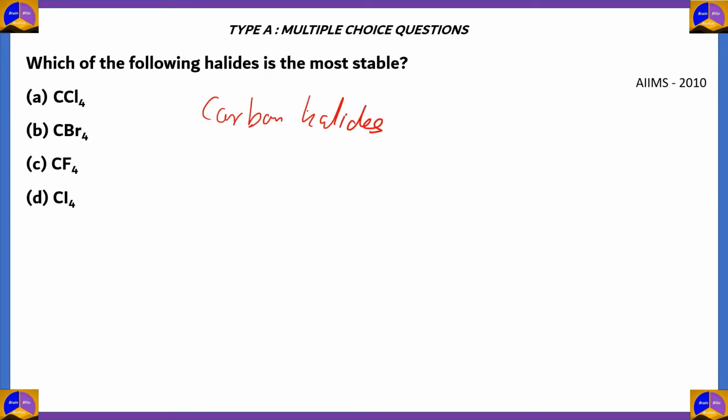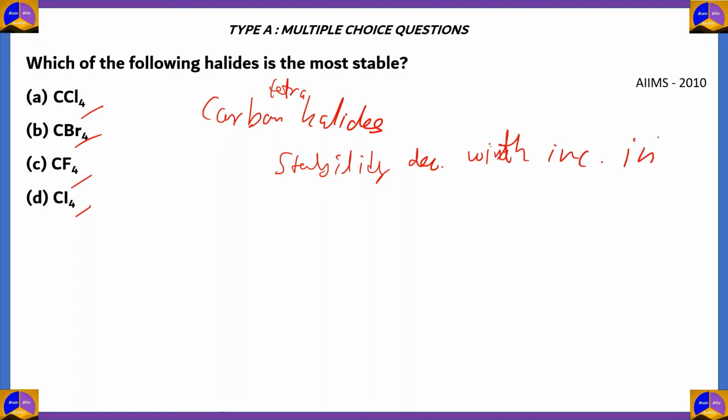So when it comes to carbon tetrahalides, the rule of thumb is that stability decreases with increase in the size of halogens. So what happens is that as the halogen size increases, the stability of the carbon tetrahalide decreases.